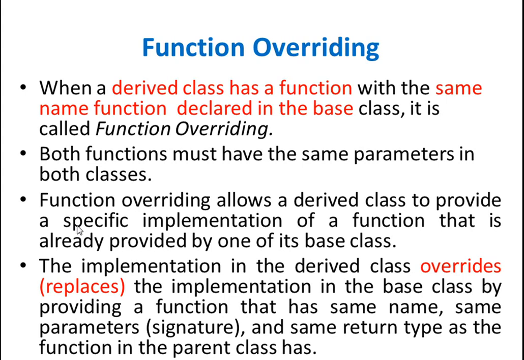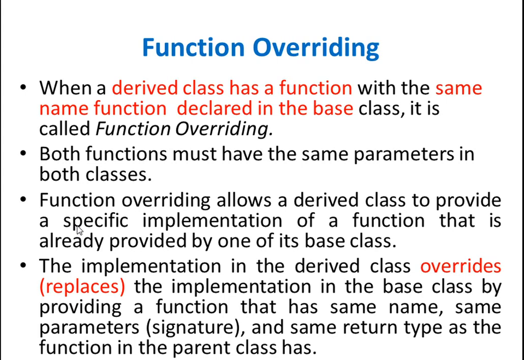Function overriding allows a derived class to provide a specific implementation of a function that is already provided by one of its base classes. When we use the inheritance concept, whatever is declared in a base class is inherited into the derived class, and the same happens in function overriding also.